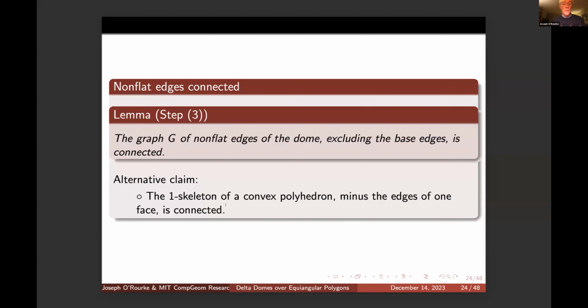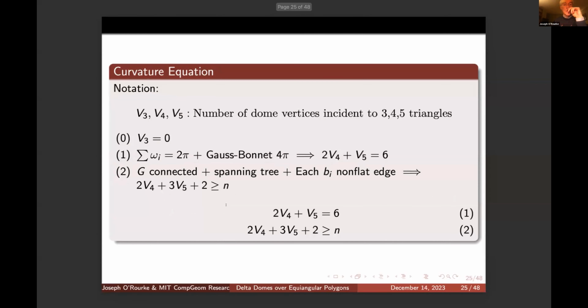That should be pretty intuitive. So just imagine taking a convex polyhedron and removing the edges of one face, and you can't disconnect the polyhedron. So that's step 3. And now we finally come to step 4, which is a kind of midway conclusion.